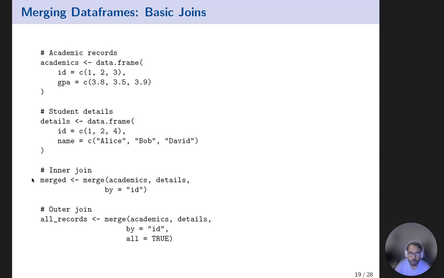However, if I do an outer merge, then there will be information on all four people across the two data sets, and the missing will be assigned accordingly. Generally, we do an outer merge, like an outer join, because that's safer, and we just let the NAs exist, which we can deal with later on.